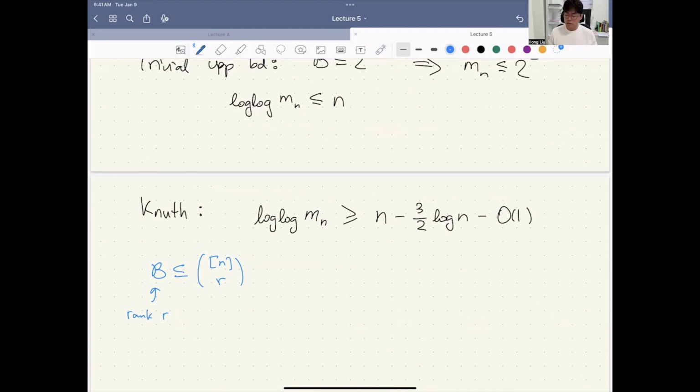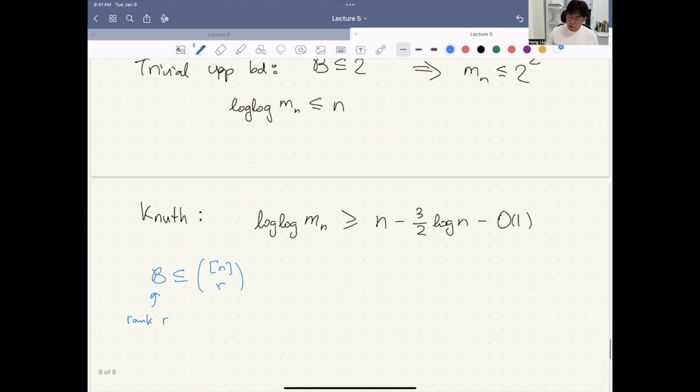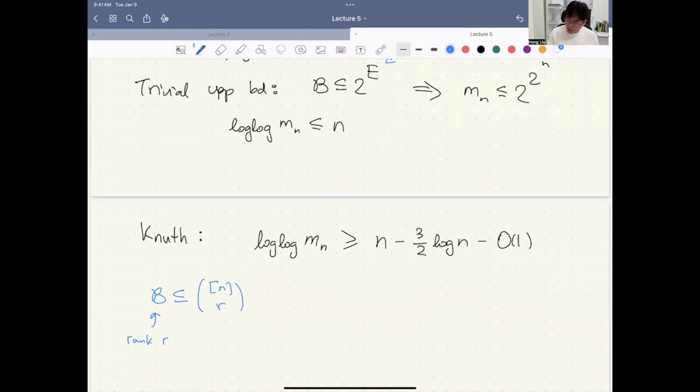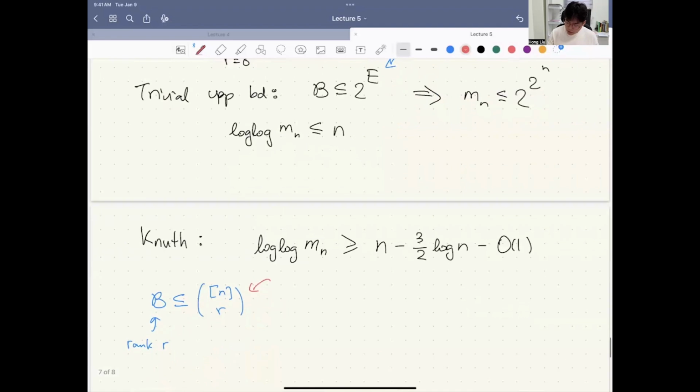So B is a subset of N choose R. So this is of size N choose R, and the binomial coefficient is maximized in the middle layer, N choose N/2. Forgetting about floors and ceilings, which is up to a constant 2 to the n over square root n.